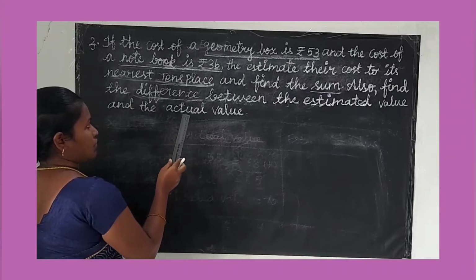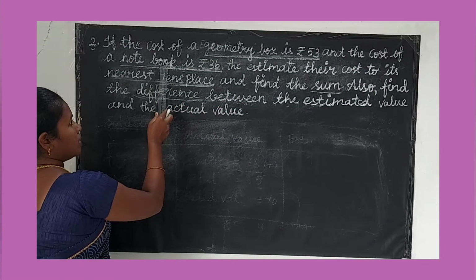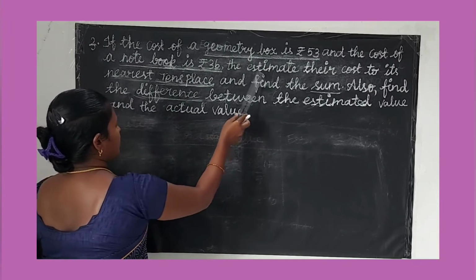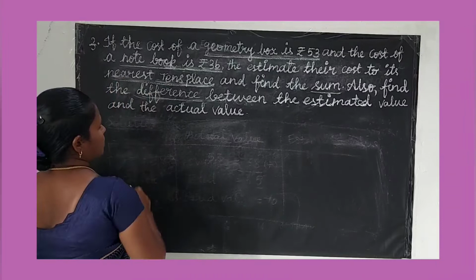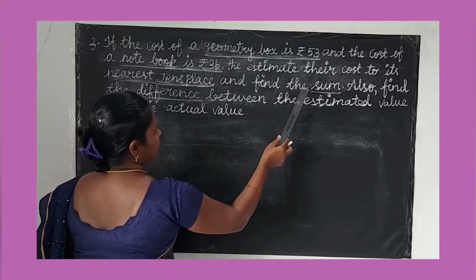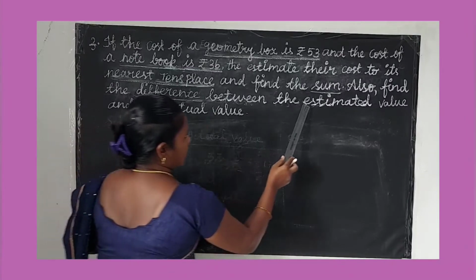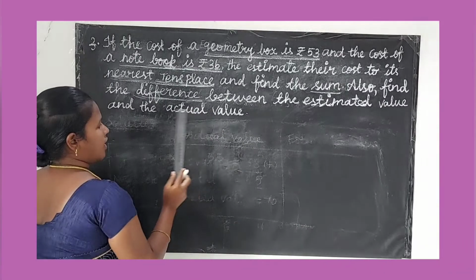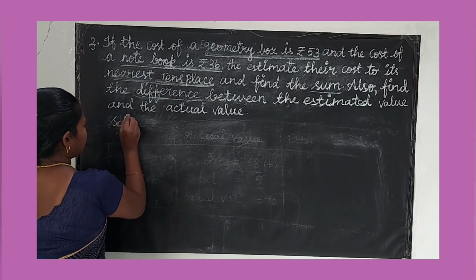So in this question, we have to find the estimated value for the nearest tens place value, and then the sum is addition. Also we have to find the difference between the estimated value and the actual value. So first we write the solution.